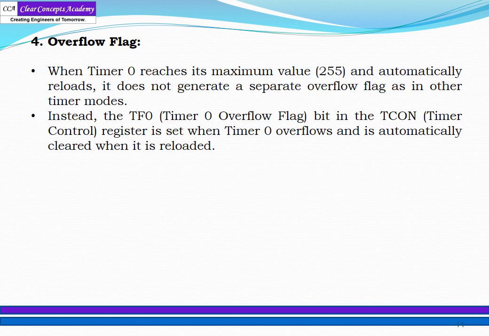Here is what happens: when TL0 reaches the maximum value, TF0 will be automatically set to 1, and when it is set to 1, the value stored in TH0 will be automatically loaded into TL0 and the flag will be automatically cleared, and again the timer will start.